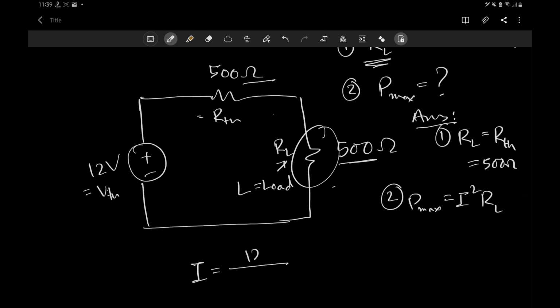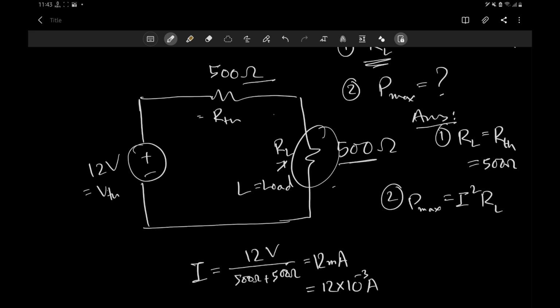We can use Ohm's law: the 12 volt, the whole voltage across the two resistors, divided by the total resistance, so 500 ohm plus 500 ohm. This equals 12 milliampere. In SI units, that is 12 times 10 to the power minus 3 ampere, right?